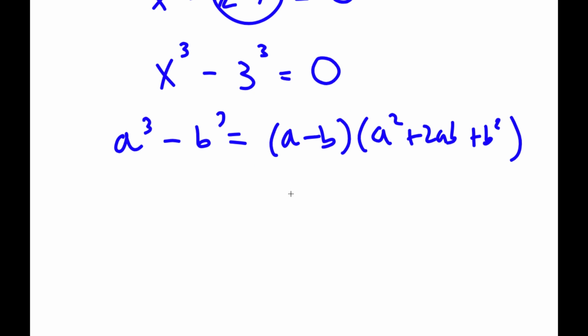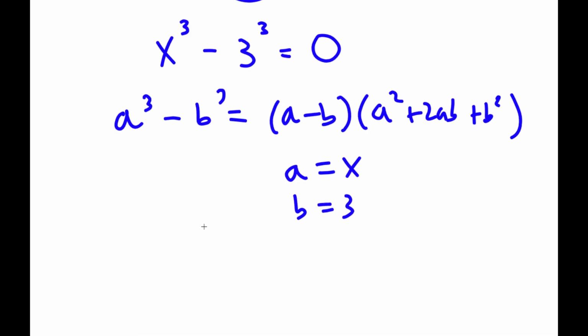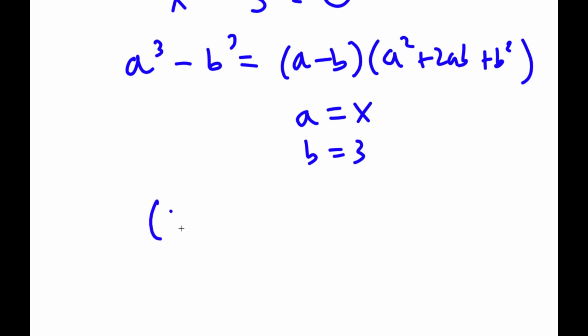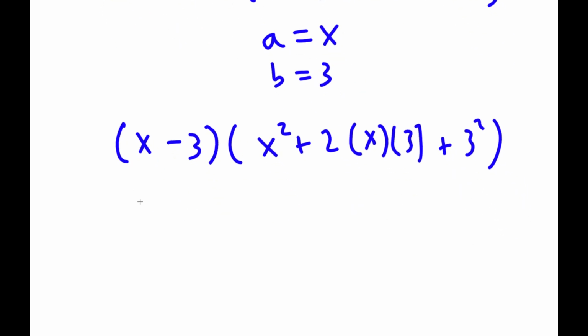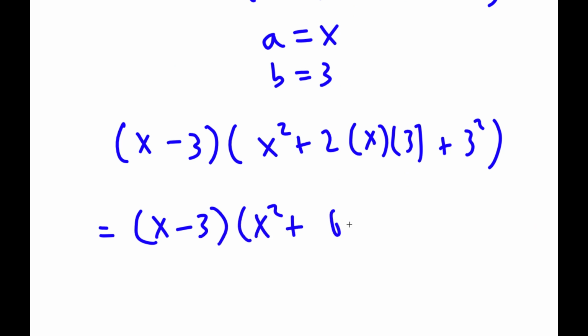So in this case, a is equal to x and b is equal to 3. So now I have x minus 3 times x squared plus x times 3 plus 3 squared. Now this is equal to x minus 3 times x squared plus 3x plus 9.